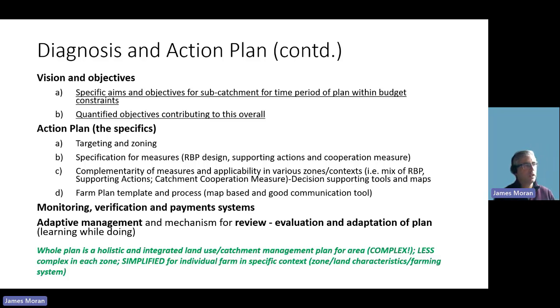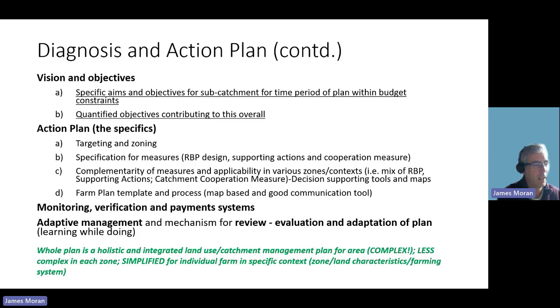But these should have a certain amount of monitoring, verification of the scores, for example, and the payment system built into it. But this monitoring verification should act as a feedback mechanism so that we adapt our management, and we have continuous enhancement, review and evaluation as we go on, essentially learning while doing.